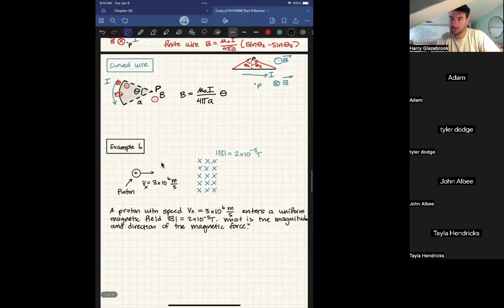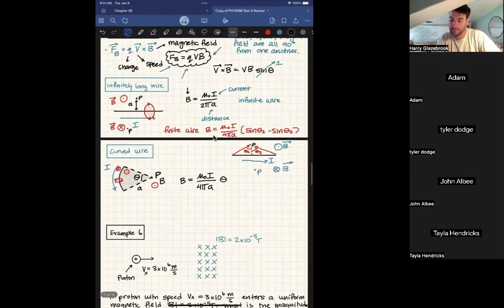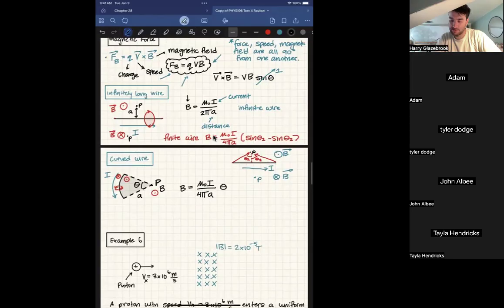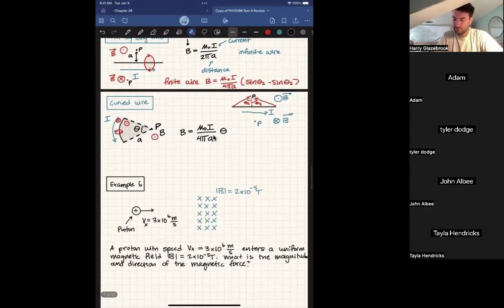Okay. Yeah, I know that part's a little weird. So for the right-hand rule of a current, you put your thumb along the current and then the magnetic field is wrapping around it. So whenever you have a wire, here's the current. I'll try and draw this really nice. The magnetic field is going in a circle around the wire.